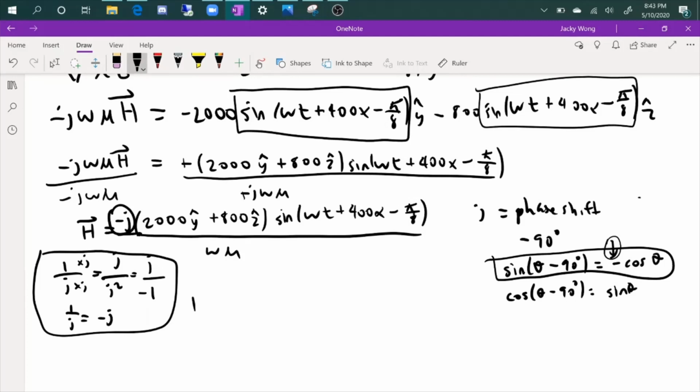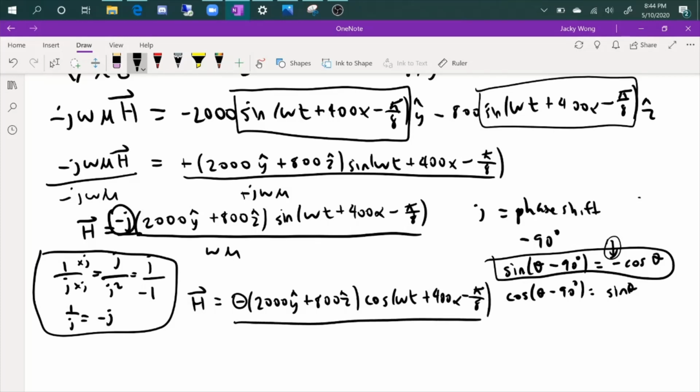So let's plug that in. We get negative (2000y plus 800z) cosine, or negative cosine, I put that negative right there, (omega t plus 400x minus pi over 8) over mu and omega.